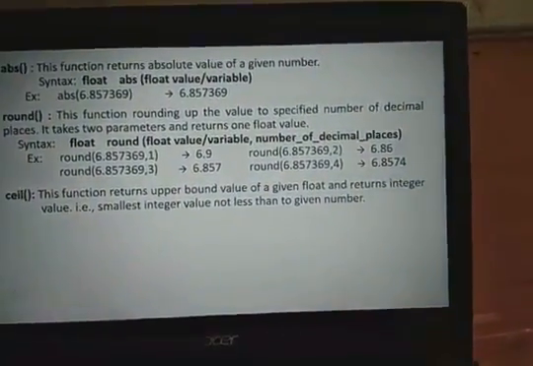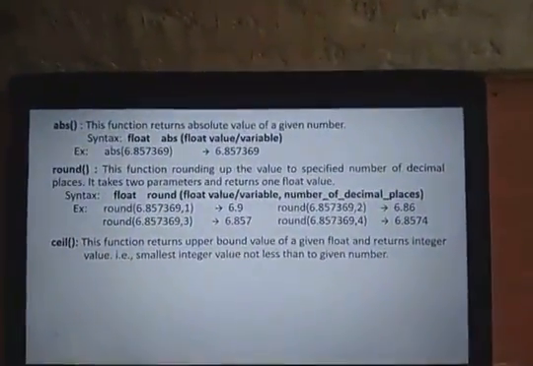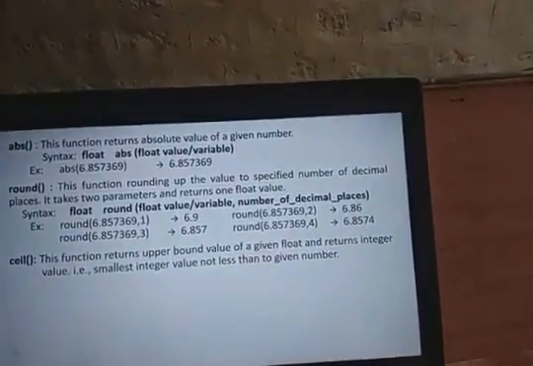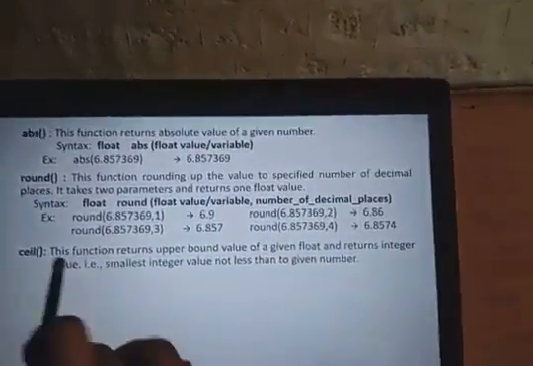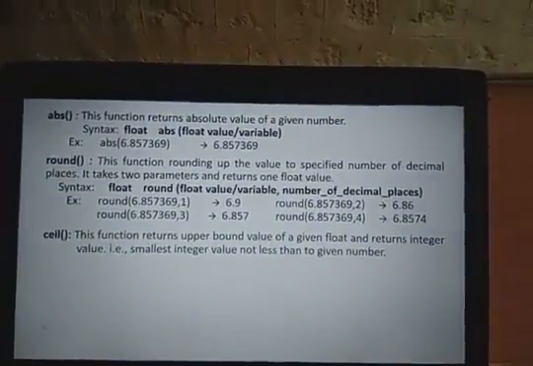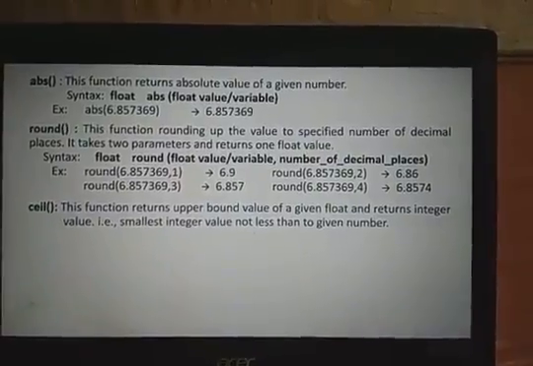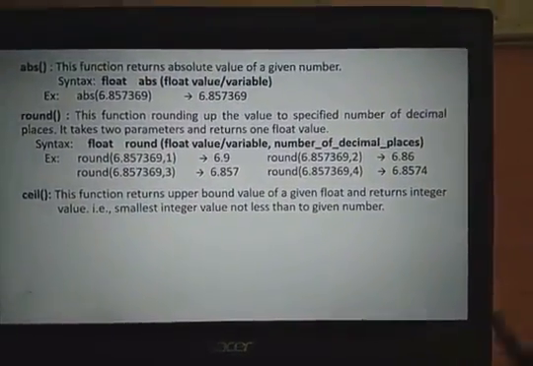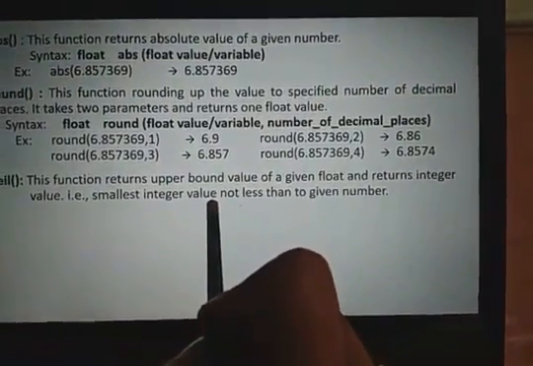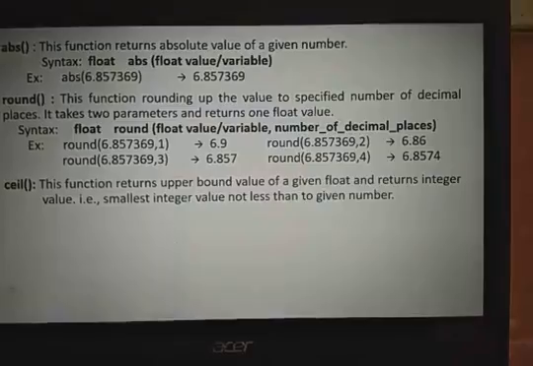Then ceil value. Ceil, let me give a simple example for remembering: ceiling, ceiling fan. It is at the top, upper bound. Ceiling is upper. So this function returns the upper bound value of the given number. We give one float value, and it gives the upper bound value. It returns the smallest integer not less than the given number. Just I will explain now.